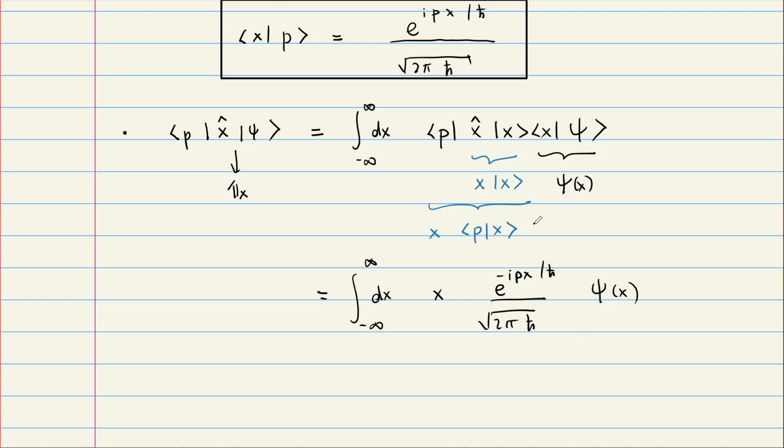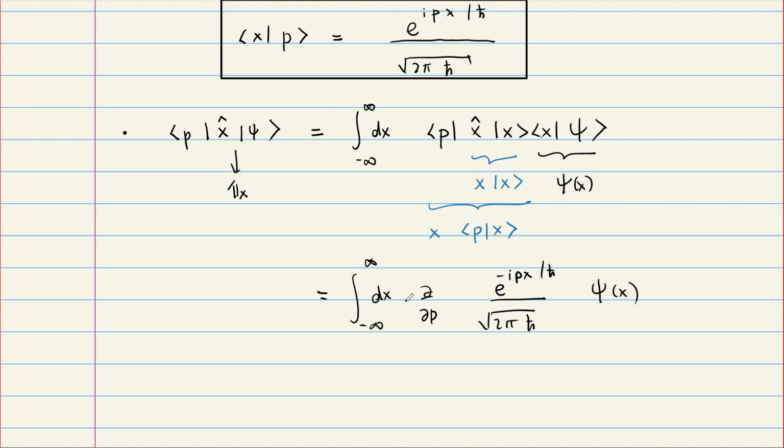Good. But there is only one p dependent thing here. I can write it as del p. If I take the derivative, it's going to be minus i x over h bar.